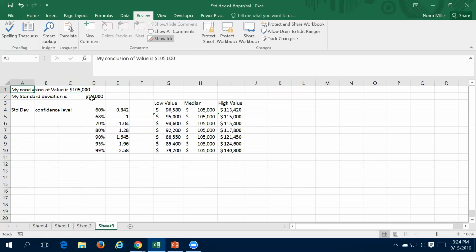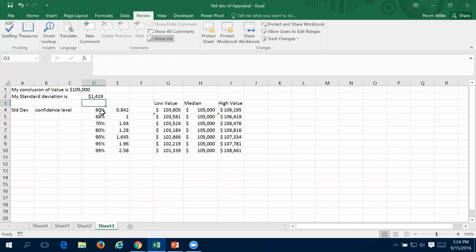But when we consider that the standard deviation could be, well, let's put in 1419, we see that the values actually are going to be higher or lower than that, depending on how confident we want to be in our result based on the standard deviation.